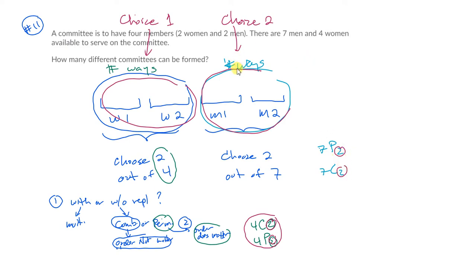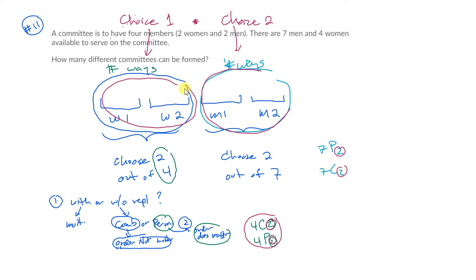Think of it like a menu. I can choose 2 people off this menu, 2 people off that menu, or 2 people from this group, 2 people from that group. How many choices total? In this case, that's just a straight multiplication. There's a certain number of ways to choose the women and a certain number of ways to choose the men, and they're not affecting each other.